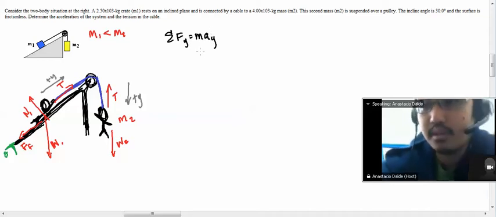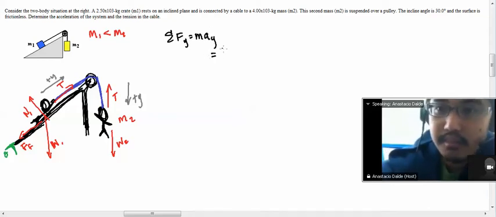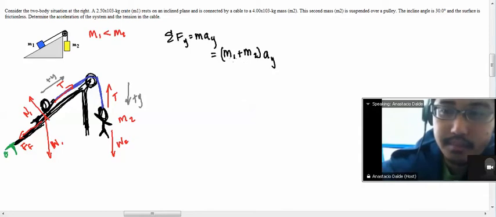Instead of mass, I'm actually going to have mass 1 plus mass 2 times acceleration in the Y direction. Sound good? Because that's the mass that we're talking about, both of our masses. All right, and so that's equal to, add up all the forces.